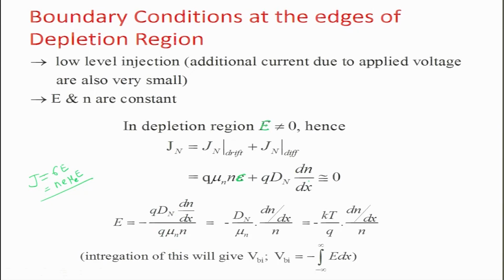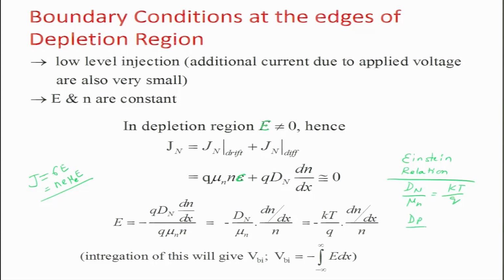From this equation we can find the electric field, which is nothing but minus Dn by mu n into dn by dx divided by n. And for Dn by mu n, there is something called the Einstein relation, which we have not derived, but it is simple to derive at equilibrium. At equilibrium, Dn by mu n is equal to kT by q.